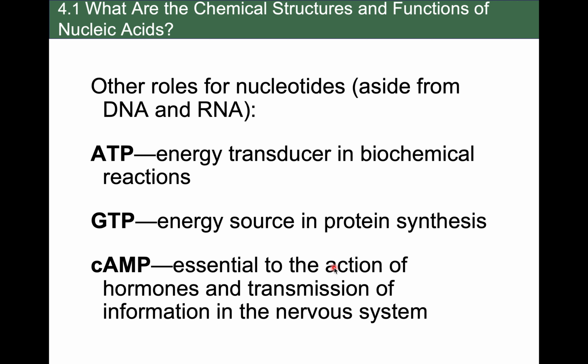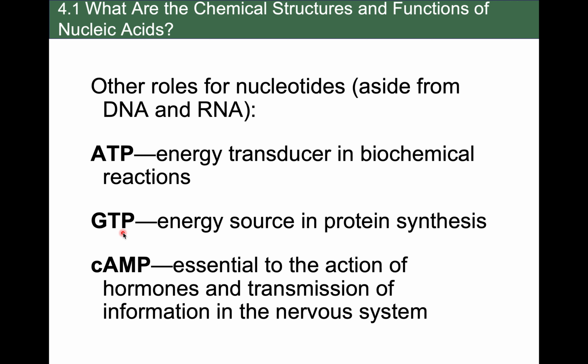Obviously, the most important role of nucleotides is arguably acting as that genetic material, acting as that blueprint for life. But there are some other very important molecules that are modified nucleotides. So for example, ATP, which I know you've heard of, that key energy molecule in cells, and its close relative GTP are actually modified nucleotides.